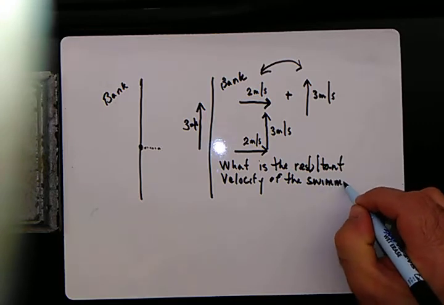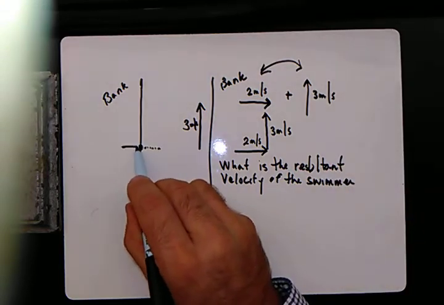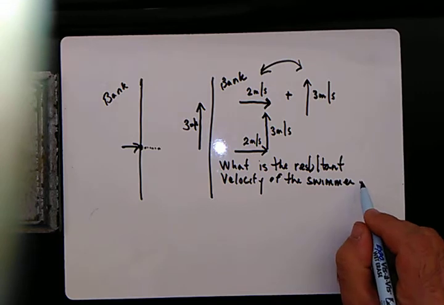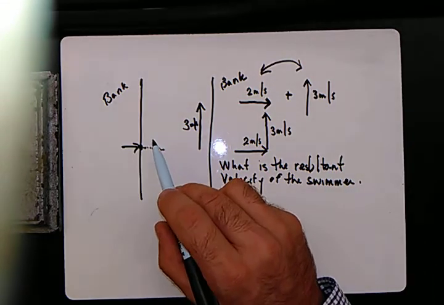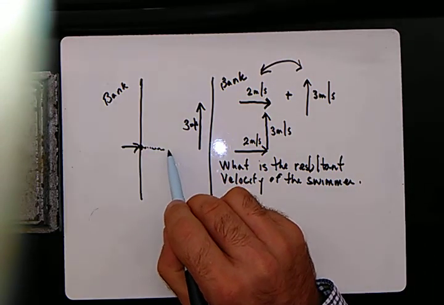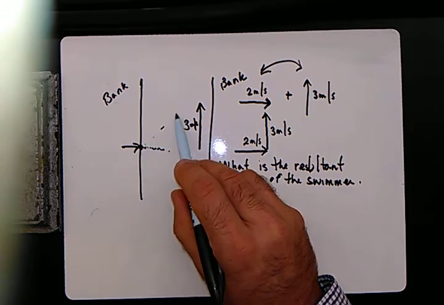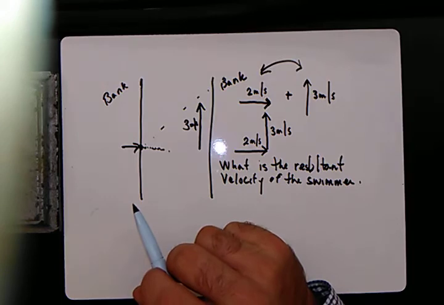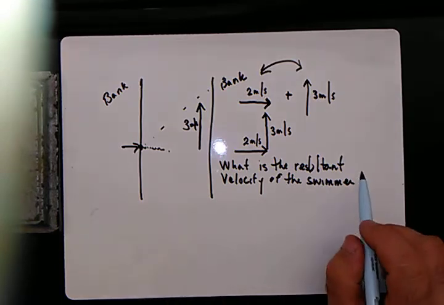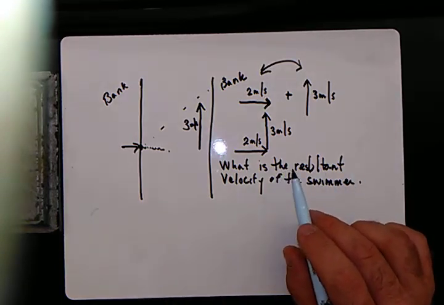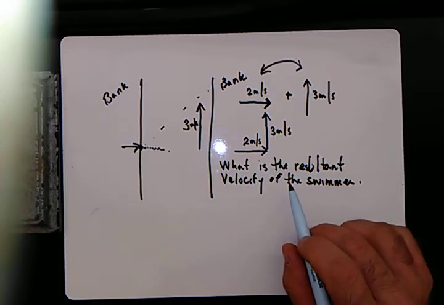Okay, so the swimmer jumps in right here. Okay, they start swimming across the river. If they swim straight across, or they aim straight across, they're going to end up somewhere upstream here. Okay, so the only question I have for you is, what is the resultant velocity of the swimmer?